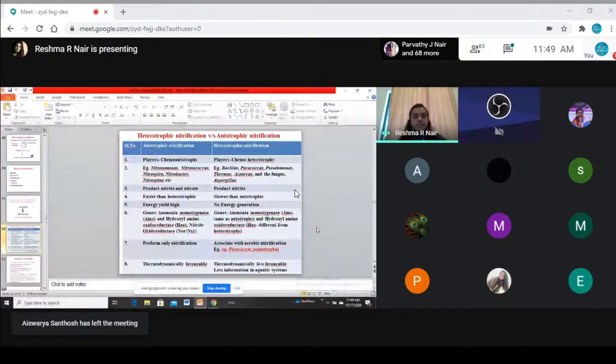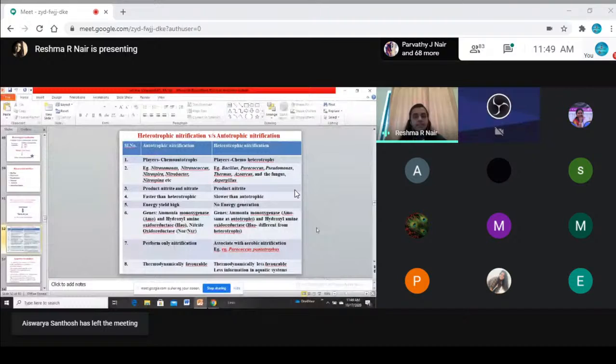Now, I hope you understood what aerobic nitrification is. One more type of nitrification is becoming very relevant in the ecosystem, that is anaerobic nitrification. As I already told, nitrification can occur only in the presence of oxygen, but this anaerobic nitrification is exclusively carried out by another group of organisms known as the planctomycetes group.